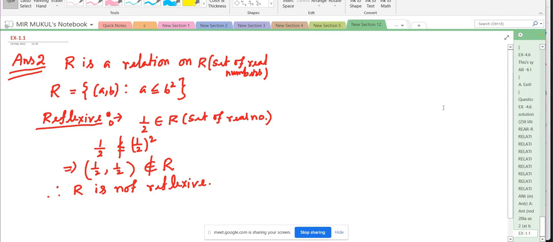Now check if it is symmetric or not. In case of symmetric, what example will we take?